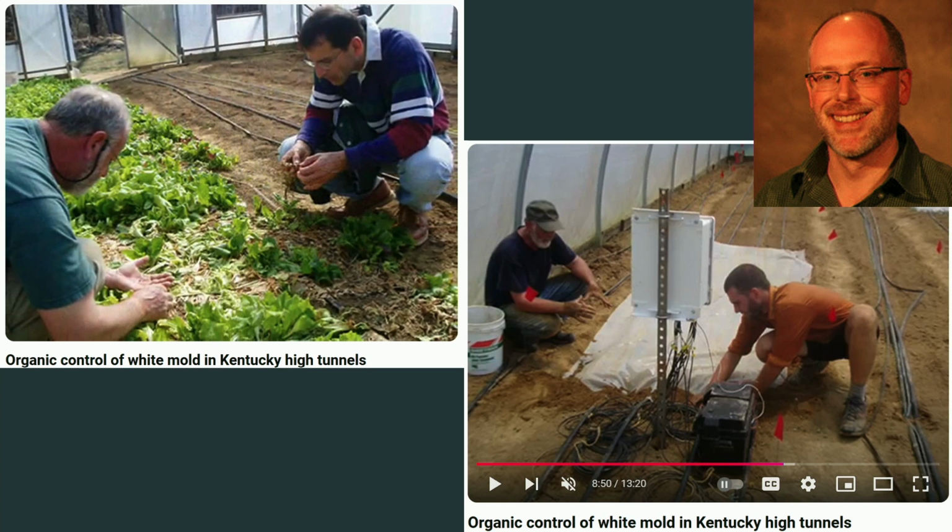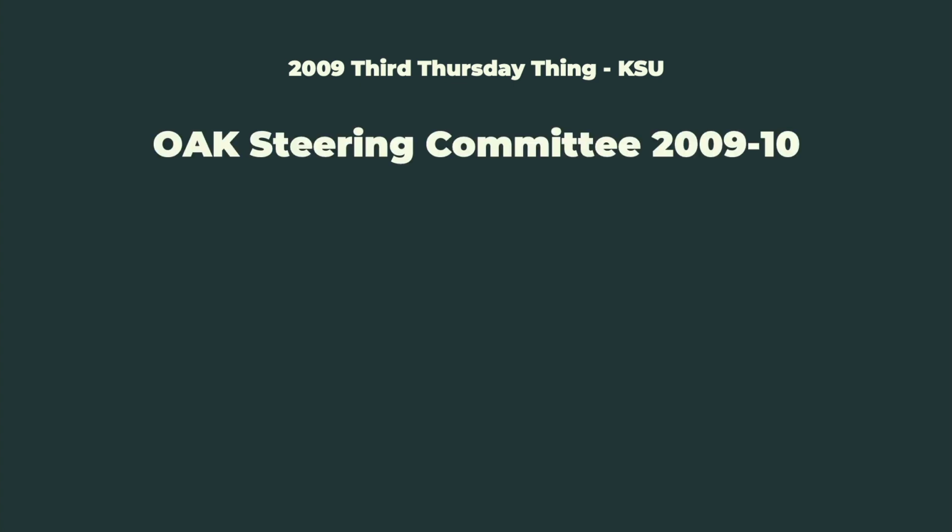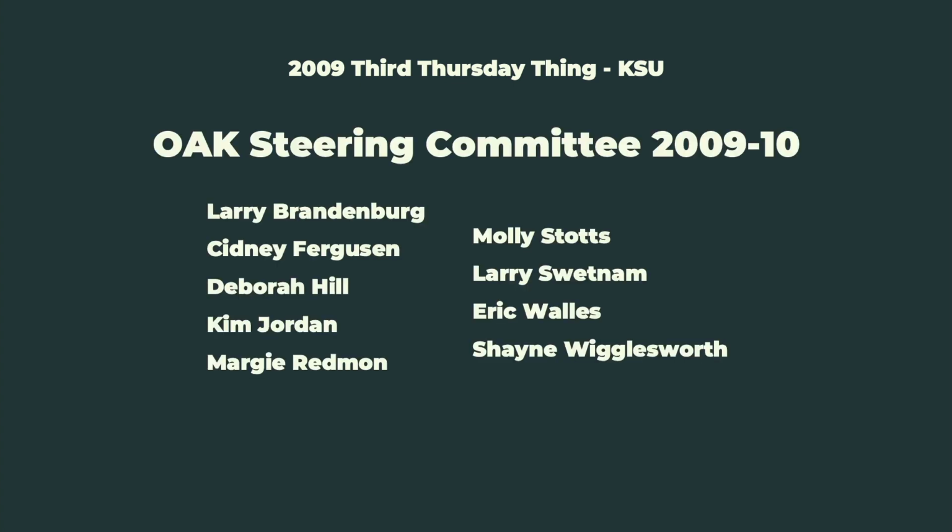So he had the idea to call together the meeting. And in 2009, here at the farm, at the Third Thursday event at KSU, which in February was and is the organic-focused Third Thursday, this meeting was called, and there were 9 farmers that stepped up and donated their time throughout 2009 and 2010.